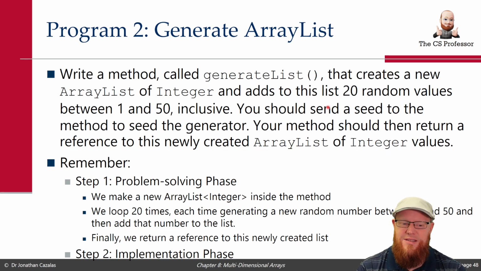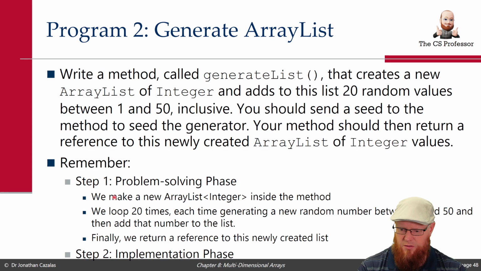You should send a seed to this method that we will use to seed our random number generator, and you'll see the purpose of that as we solve problem 3. It'll have one parameter, the seed, and we'll use that seed to seed our generator when we generate these random numbers. Your method should then return a reference to this newly created array list of integer values.